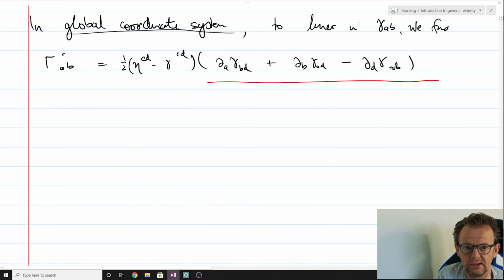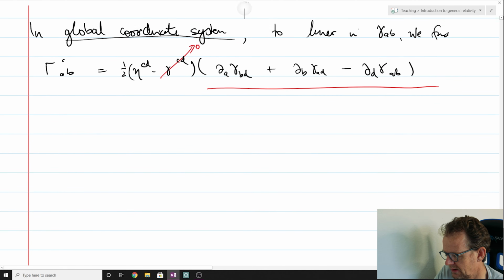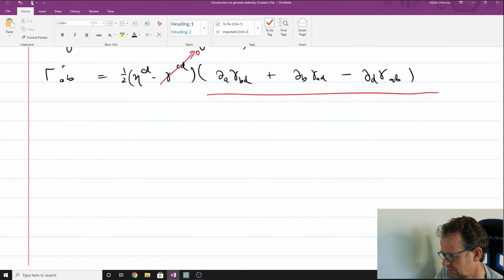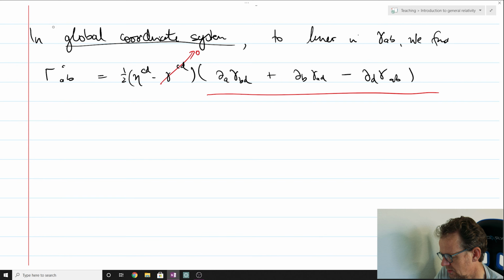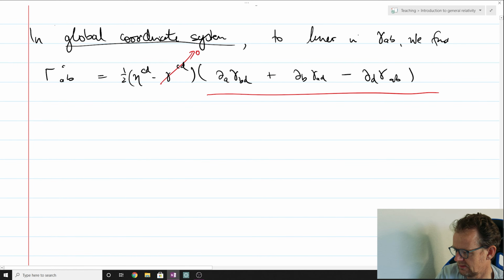And so if you multiply anything at linear order in gamma by something at linear order in gamma, namely gamma itself, then you get 0 to linear order in gamma. So actually, we can compute the Christoffel symbols somewhat easily. Well, less horribly than maybe could have been the case.